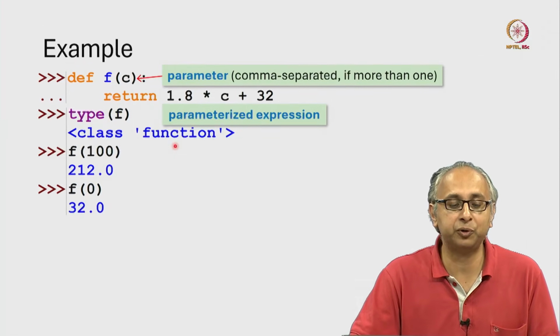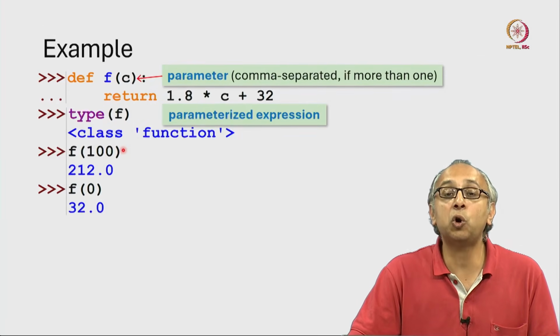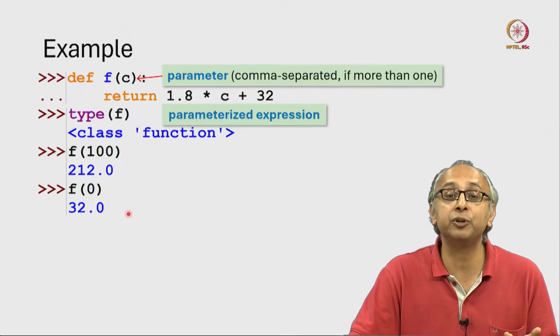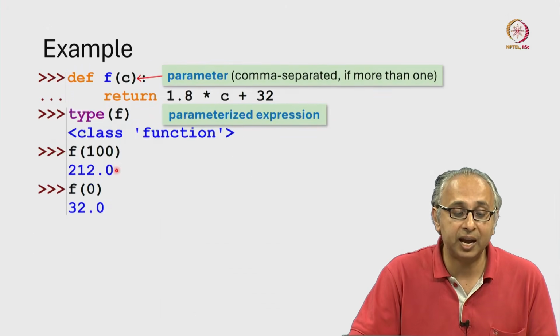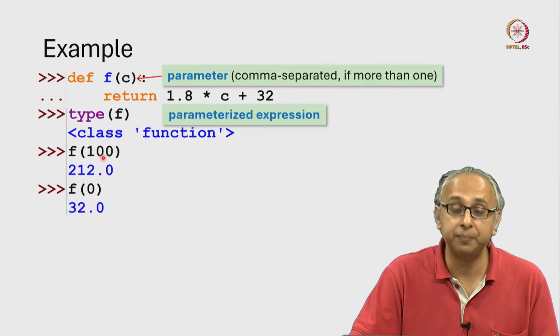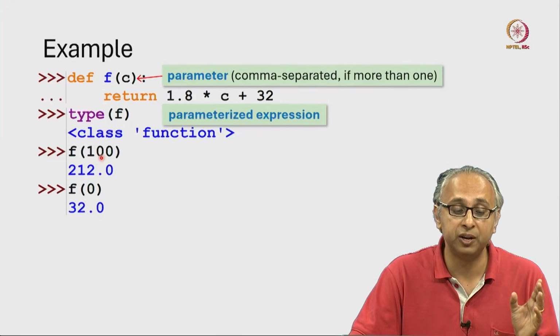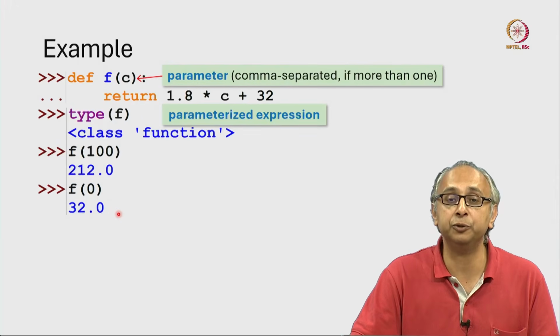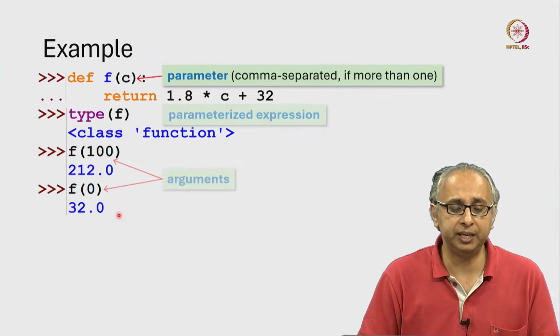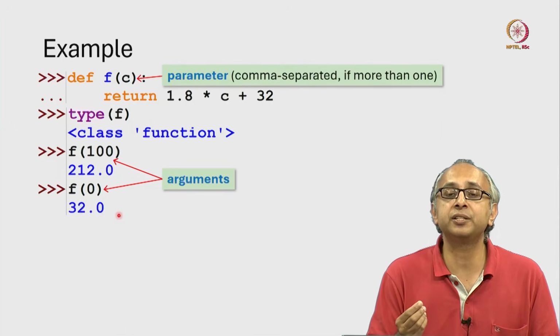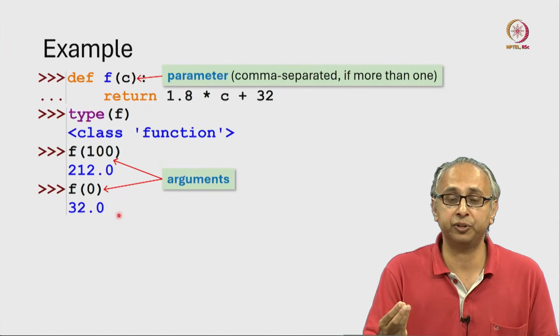And now that we have created it, we can call it. We can give it different pieces of data. Now, here you can see I have called it with 2 pieces of data. The same function f is being called firstly with the value 100 and later with the value 0. So the actual data that we give this function, we call this the arguments of the function.